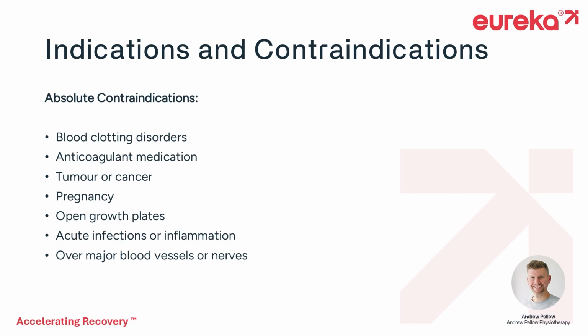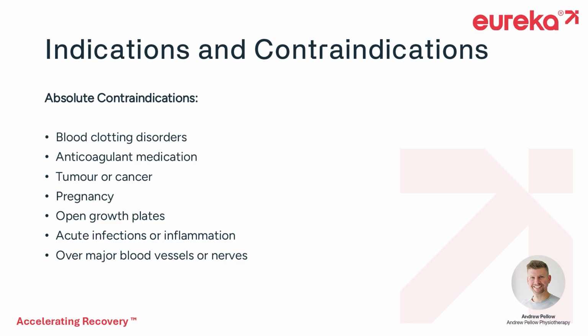So, blood clotting disorders, for example, haemophilia, and disseminated intravascular coagulation are contraindicated due to the risk of bruising and bleeding. Use of anticoagulant medication. High-dose anticoagulants can also increase bruising and bleeding risk. We do not use the treatment over an area where there is a tumour or cancer.